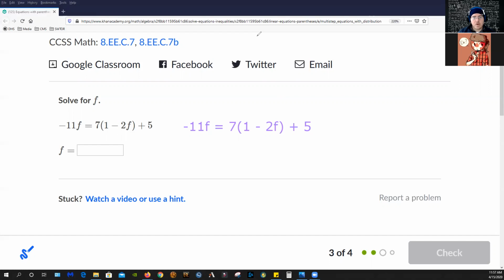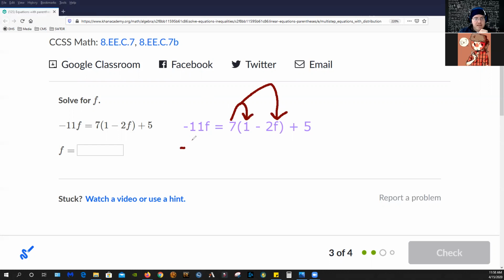The first thing I notice is that I have the distributive property, where a 7 is being multiplied by a binomial. So you multiply the 7 times both the first term and the second term.